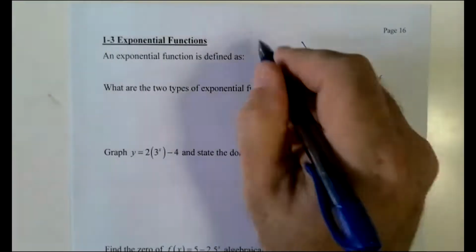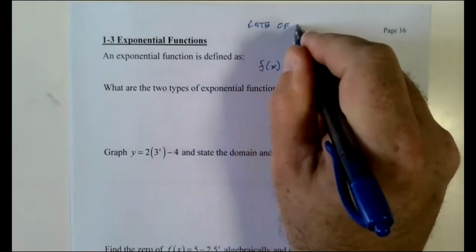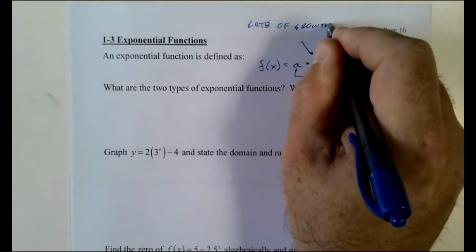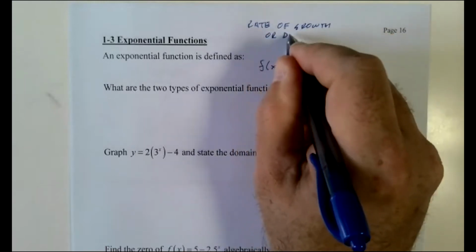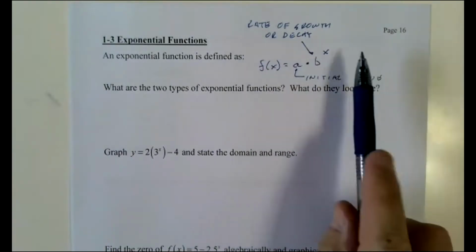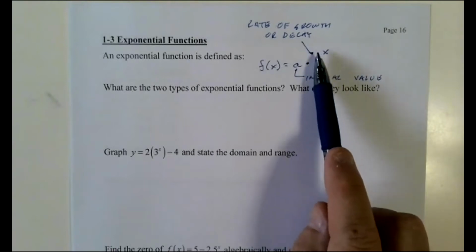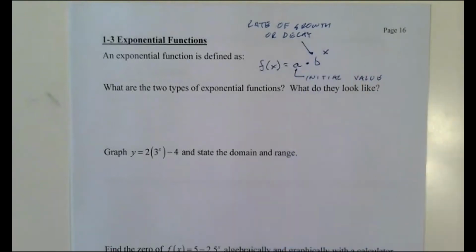All right, so this is the rate of growth or decay. And we can cheat a little bit. We can put a negative up here and make this some different value, and negative means it's 1 over, and get all sorts of goofiness that's going to happen.